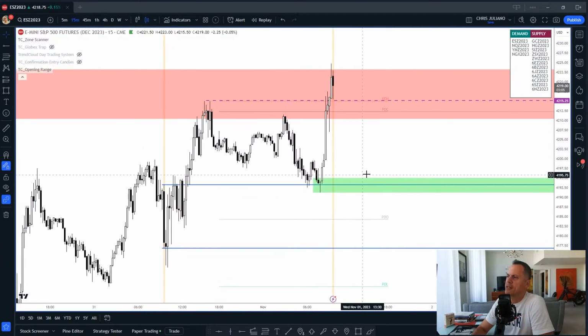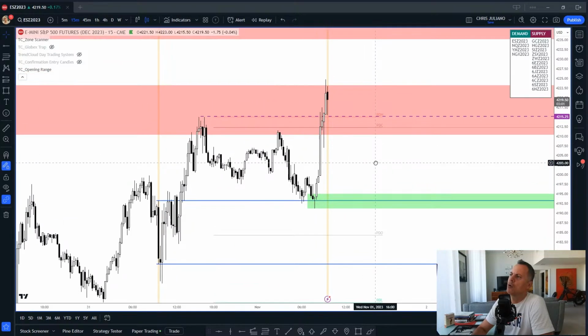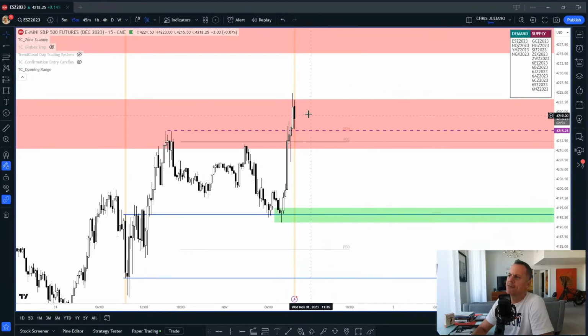So the question is, do we ignore the opening range? We don't know. If the opening range does something like this, right?